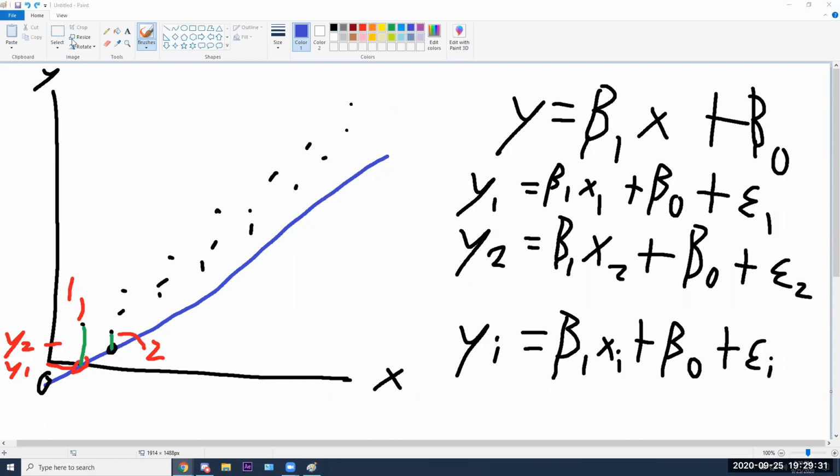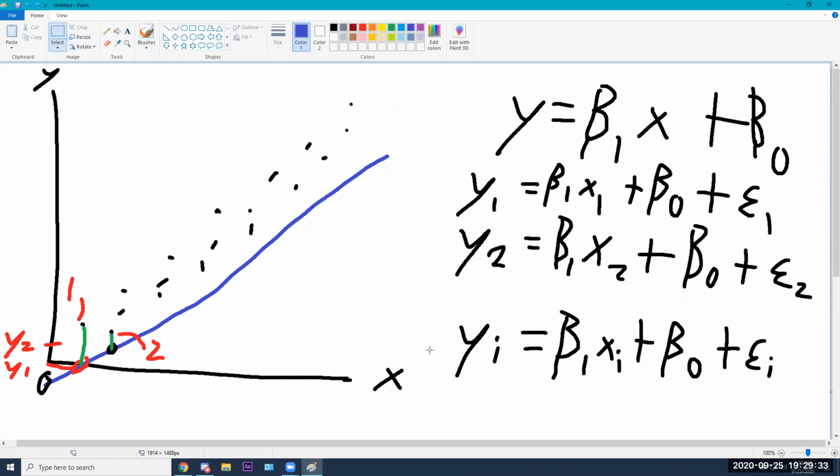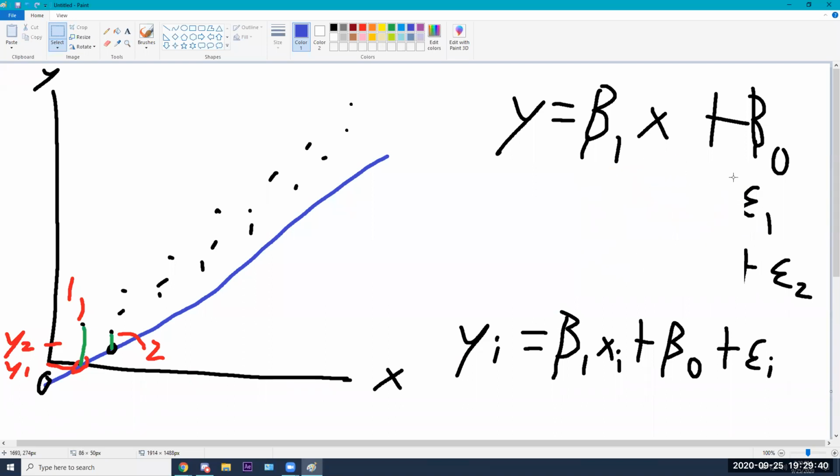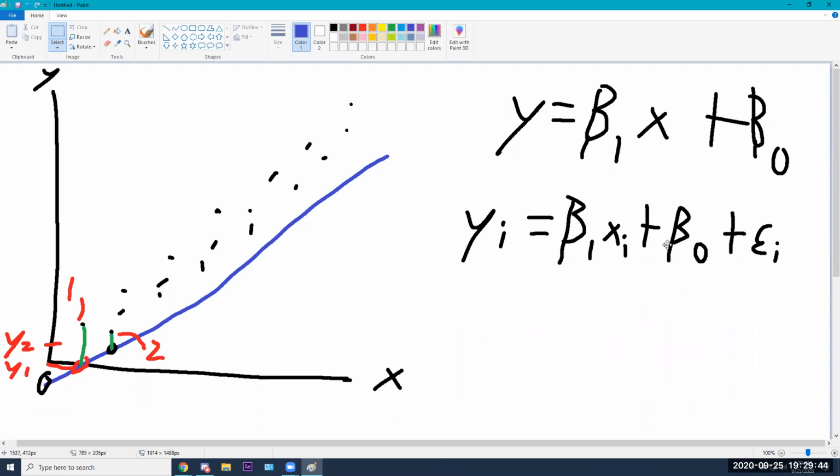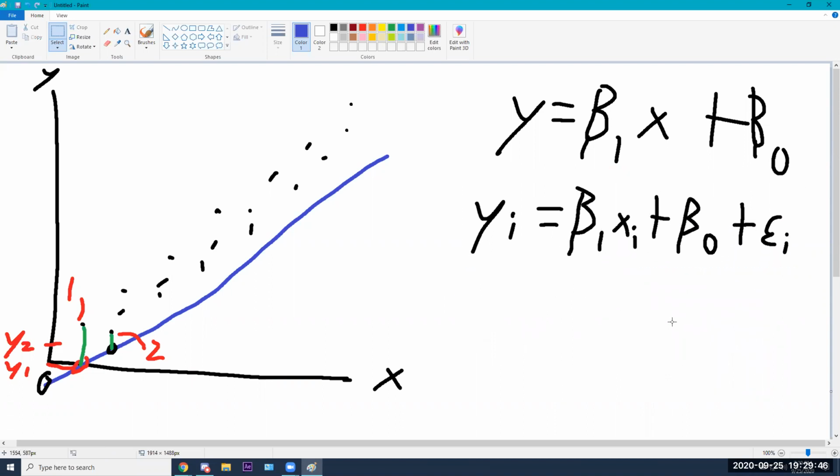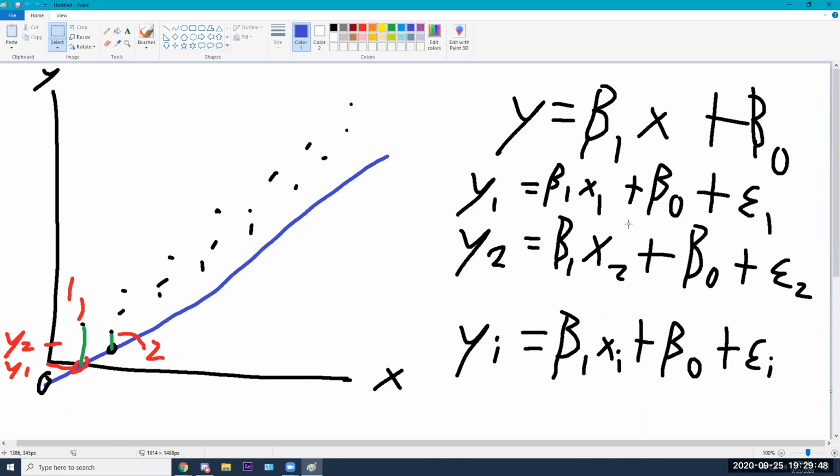And since we have this equation for getting each point in terms of a line and an error term, now we can define our entire data set that way. Actually, wait, let me put this back.